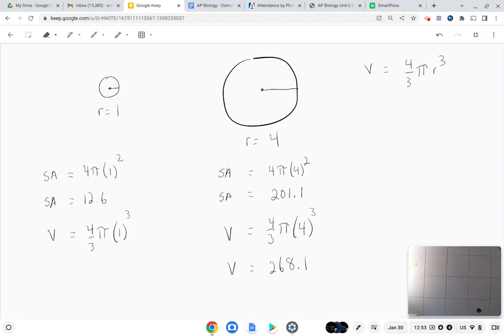Verify that you can get that number doing it on your calculator. If your neighbor is struggling, help them out a little bit. Make sure they can use their calculator properly. And then for this first cell, I got 4.2.